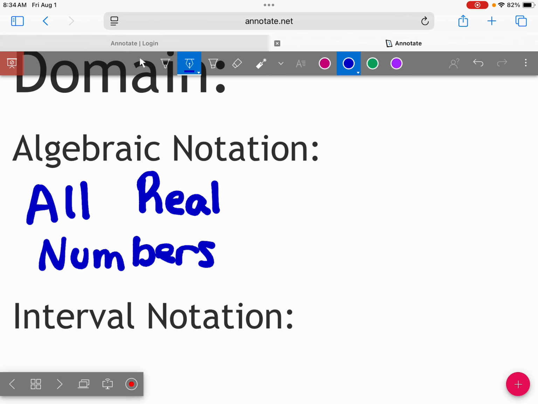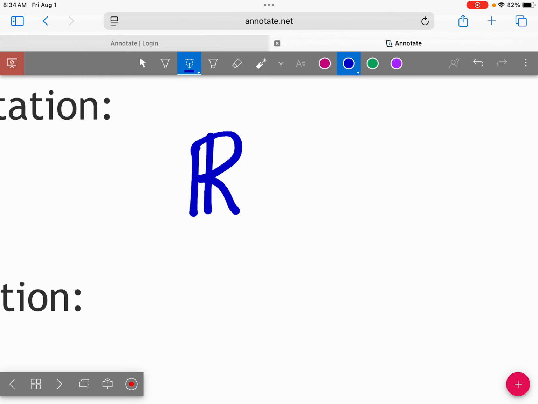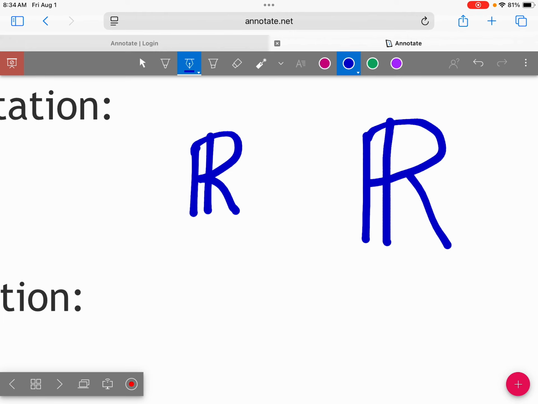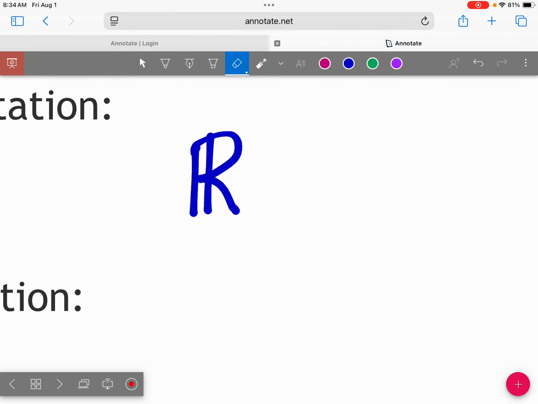There is a shortcut way of writing that. And it's a capital R with an extra stick. I'm going to write it again. It's a capital R like this, and then you put an extra vertical piece right inside. So that means all real numbers.